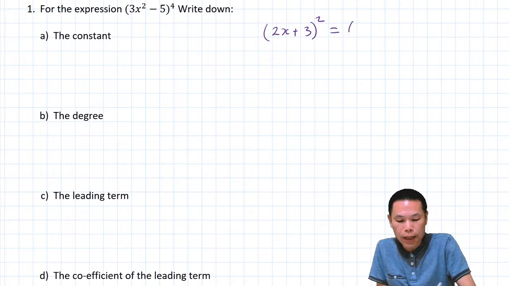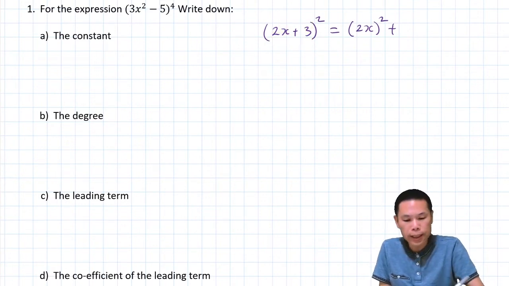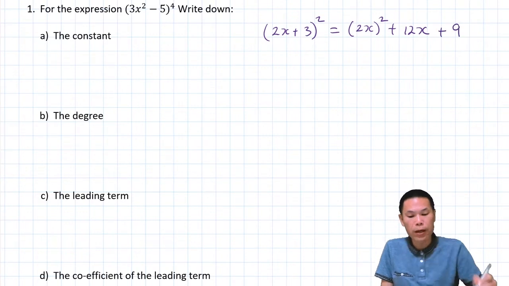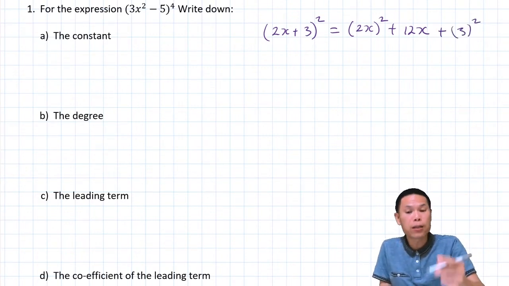So this is the same as (2x) squared plus 2x times 3. 2 times 3 is 6, so 6x, and then we double it, so that gives me 12x. And then you add 3 squared, which is 9.